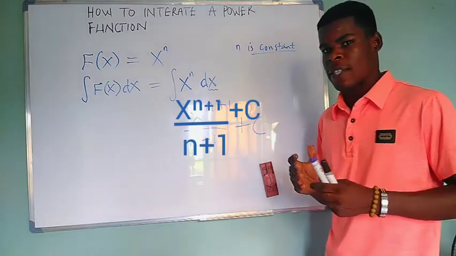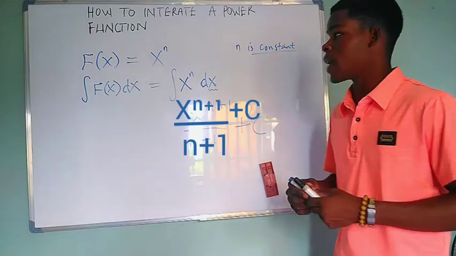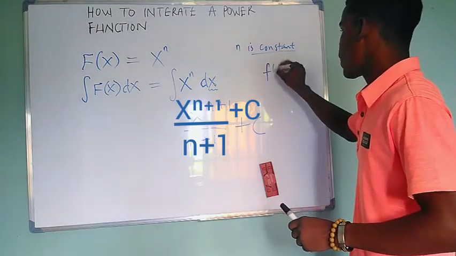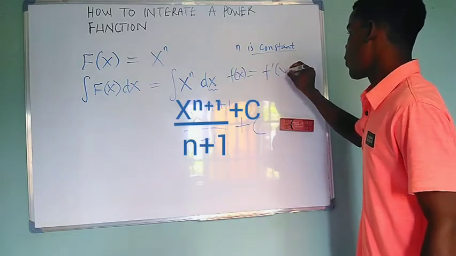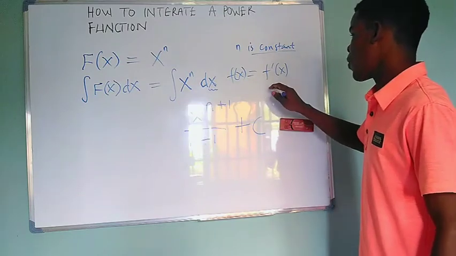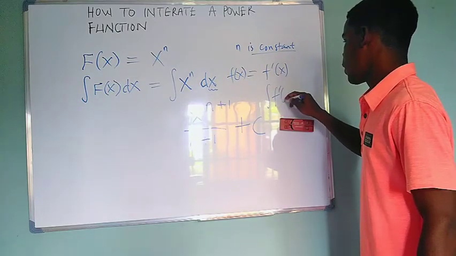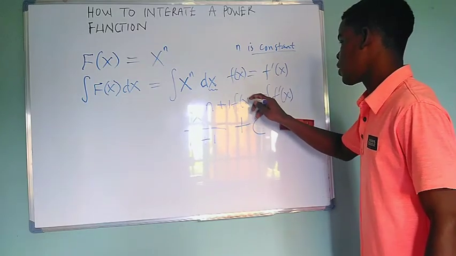By antiderivative, we mean that if we differentiate an original function f of x, the derivative gives you f prime of x. While the integral of f prime of x is going to give you the original function back.